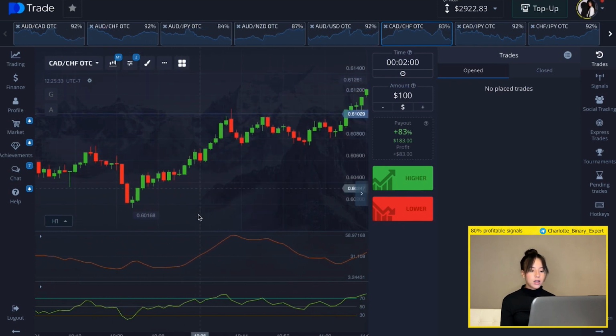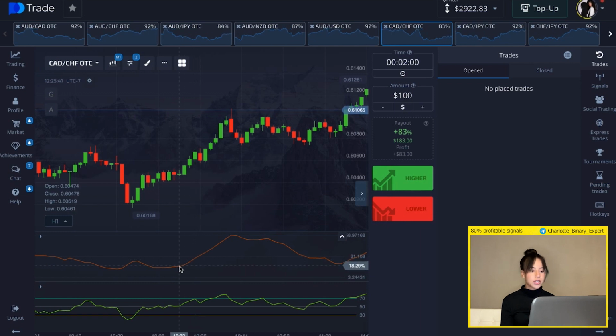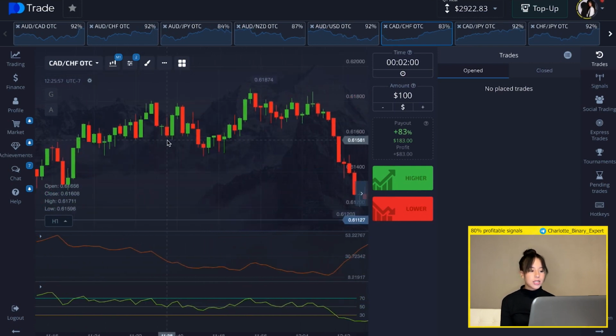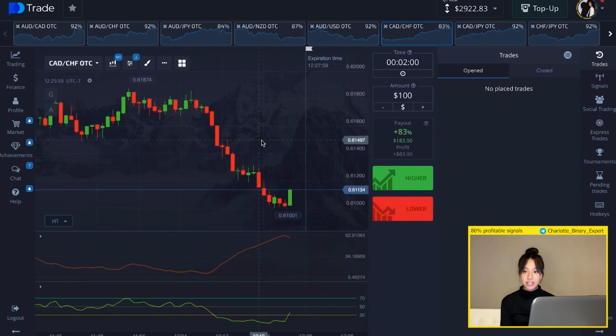We see that the line of the ADX indicator is above 25. It has also crossed 20 from the bottom up, and the line of the RSI indicator is between the overbought and the oversold zones, which also allowed us to open a deal to increase for 2 minutes and get a profit.